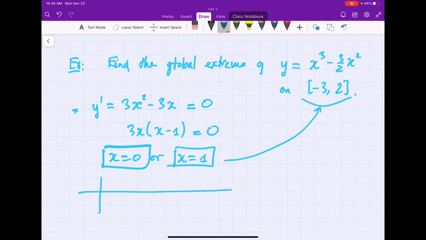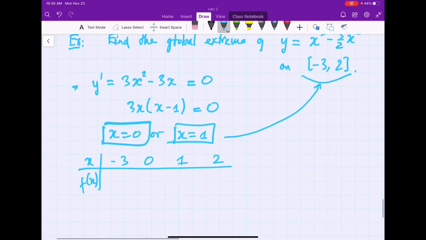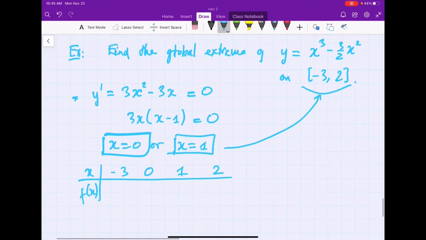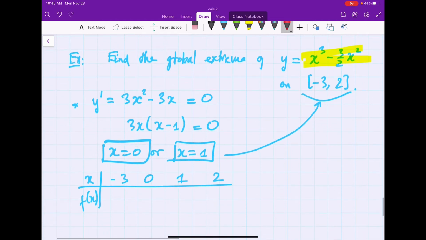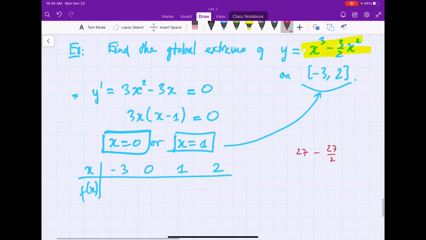Then you need to evaluate the function value at negative 3, 0, 1, and 2. So at negative 3, you plug negative 3 into the function, right? The function is right here. So I get, let's see, negative 27 minus 27 over 2, negative 3 over 2 times 9.